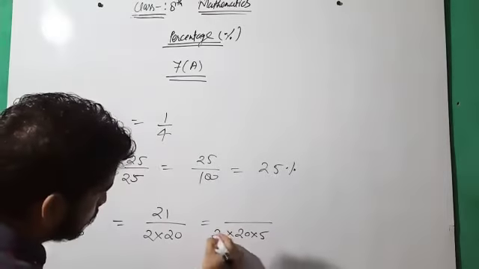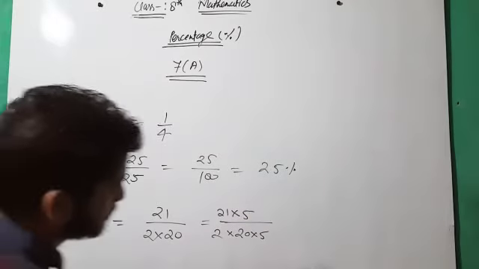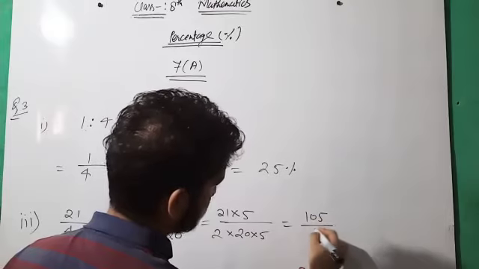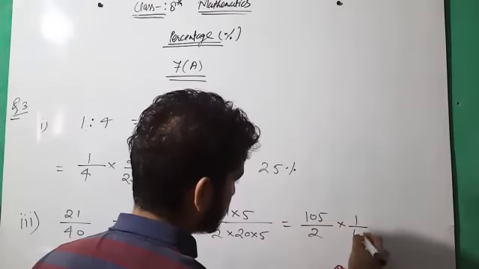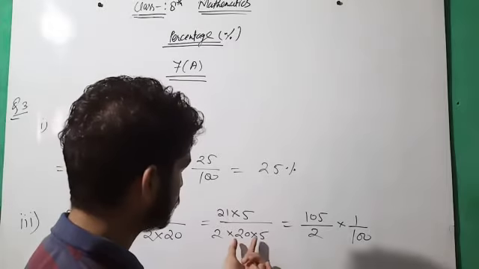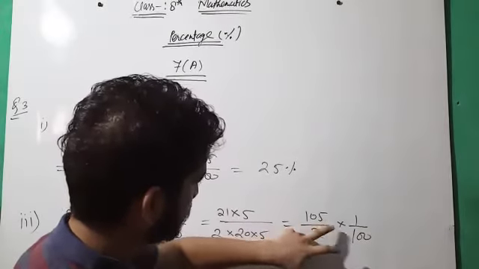Okay, 2 को अलग लिखना. 21 into 5 because 5 से multiply, 5 से divide, so it becomes 21 into 5, that is 105/2 into 1/100.